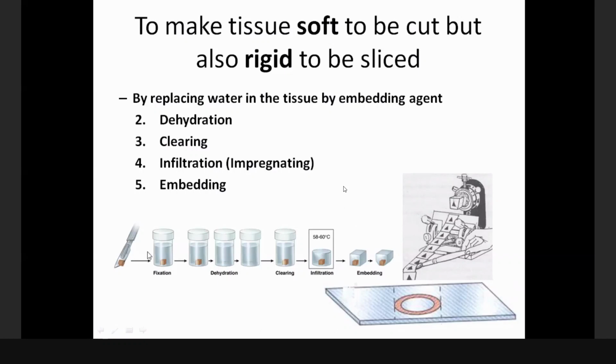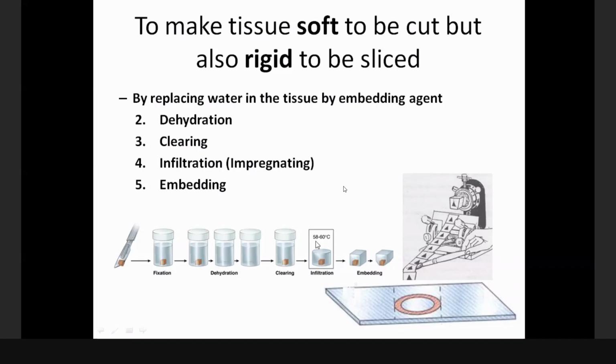The other steps could be done at room temperature, but this one should be done in an oven. The wax is liquid when the temperature is raised to about 60 degrees centigrade. So you put it in an oven and leave it for several changes. After several changes, you'll have your tissue full of molten wax.